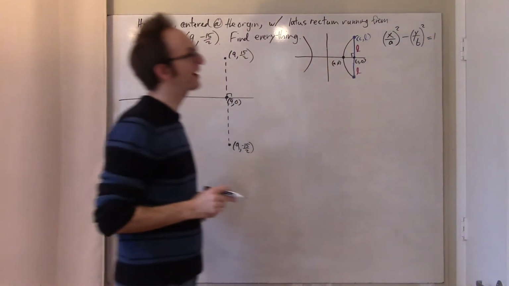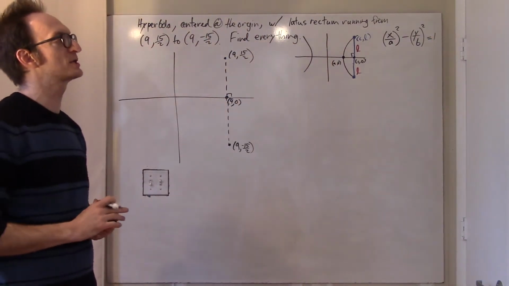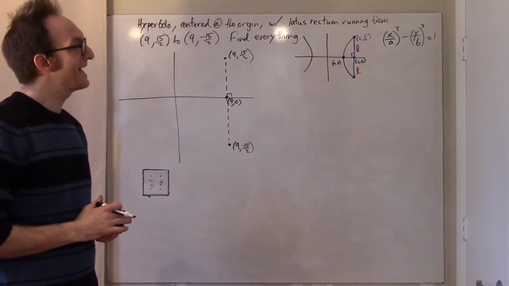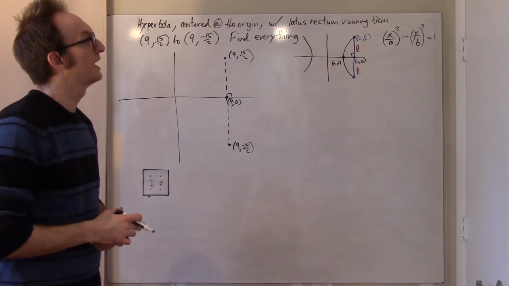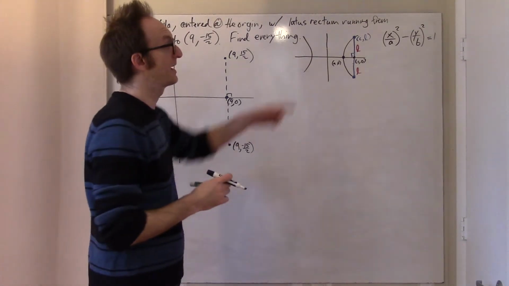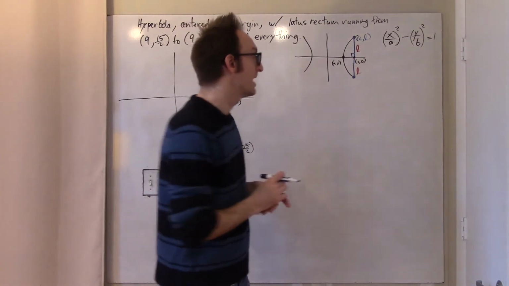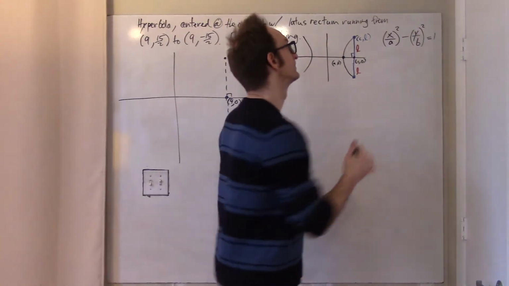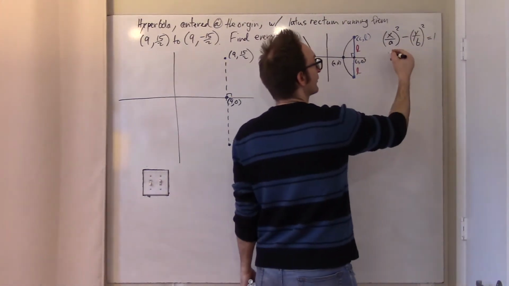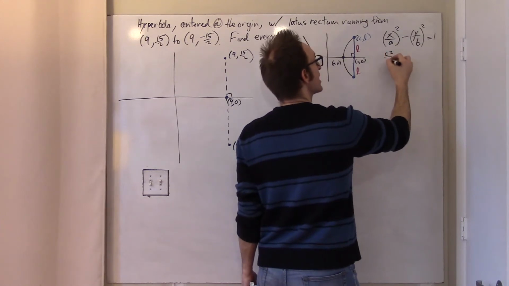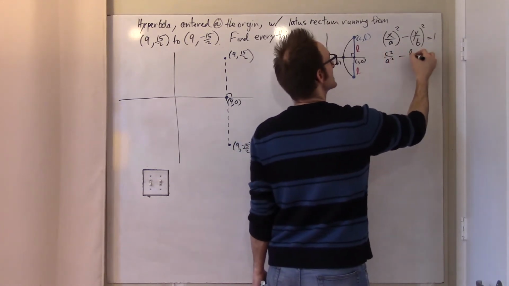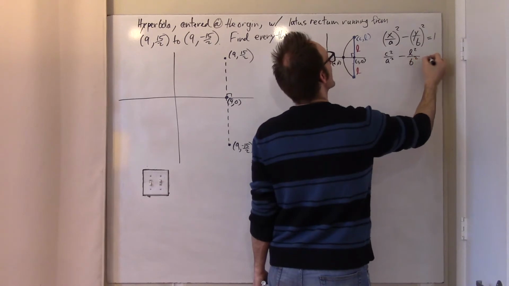So a generic horizontal hyperbola centered at the origin has this equation. Now, let me plug in my point (c, L). If I plug in c for x and L for y, I get c squared over a squared minus L squared over b squared equals 1.